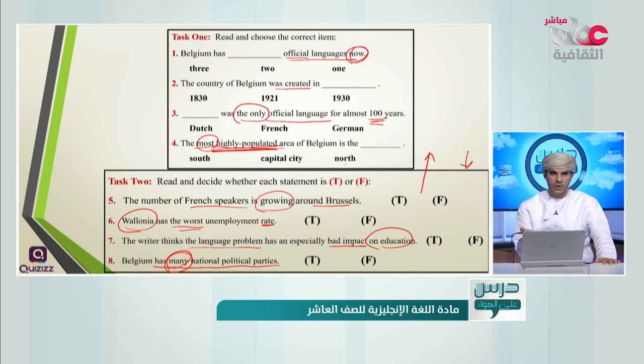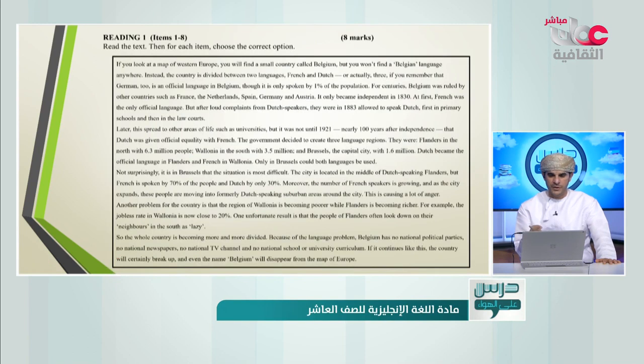Now, let's go to the reading. And here I advise you to read quickly once, like this one, like this. Follow me. If you look at a map of Western Europe, you will find a small country called Belgium. But you won't find a Belgian language, wow, anywhere.